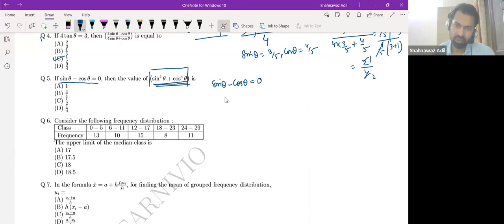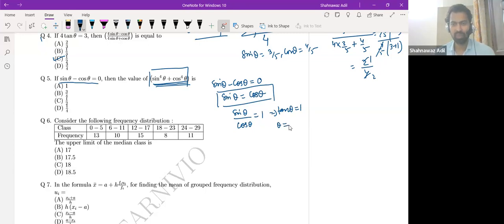So sine theta would be cos theta, right? If I take sine theta as cos theta in here, then tan theta would be 1. So theta would be how much?